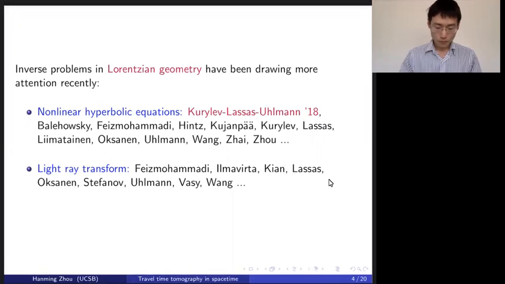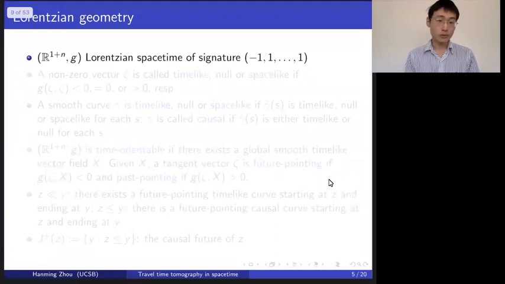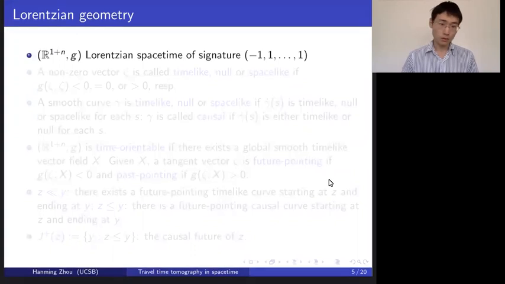But today I want to talk about another question, which is travel time tomography on Lorentzian geometry. It's a nonlinear problem, and we start with some setting for our problem. First we consider the whole Euclidean space R^{1+m} with some Lorentzian metric with signature (-1, 1, 1, 1).